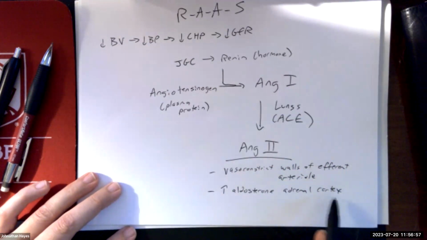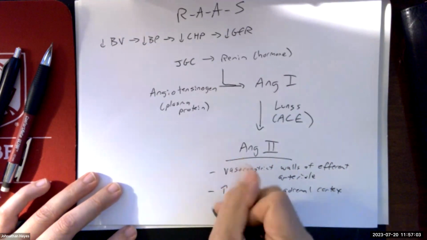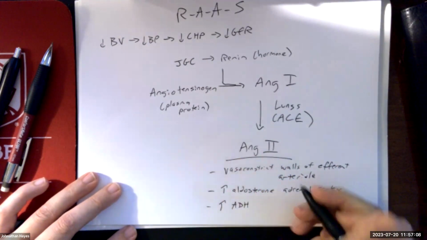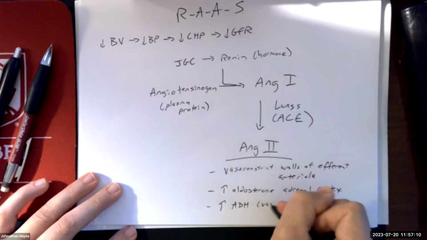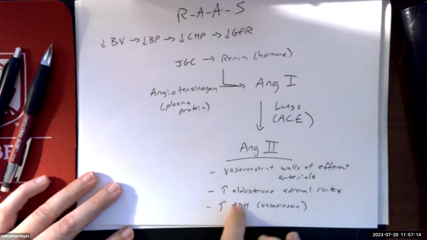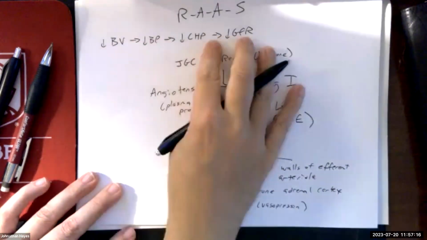Specifically, it's coming from the outer portion of the adrenal gland, so we'll call it the adrenal cortex. And aldosterone we'll talk about in just a second. And then the other thing we're going to do is increase ADH production coming from the hypothalamus. ADH is also known as vasopressin. So how do these things contribute to this idea? We'll talk about that next.